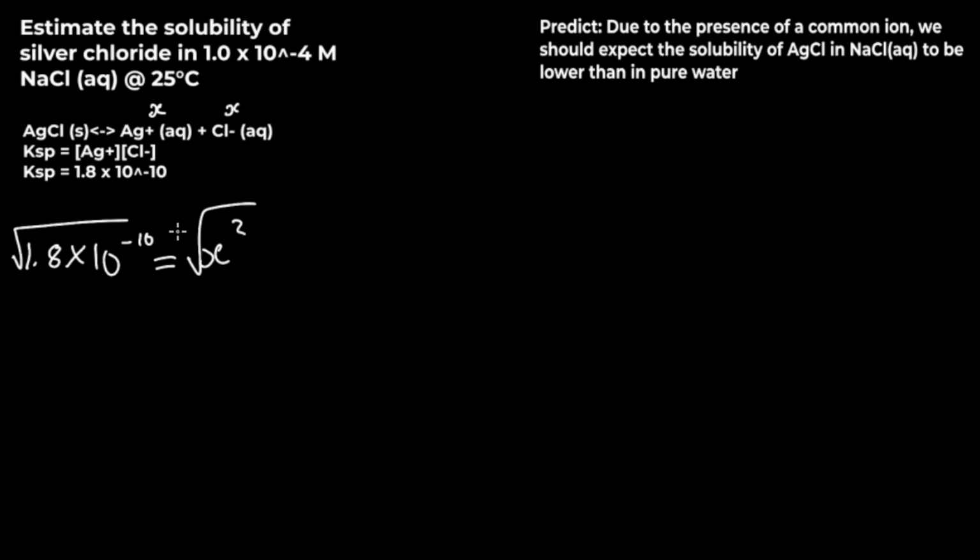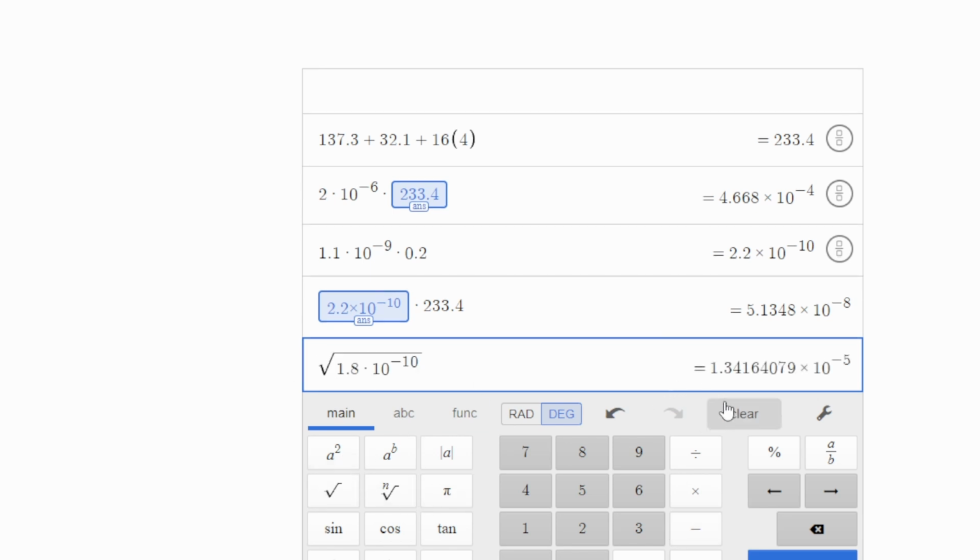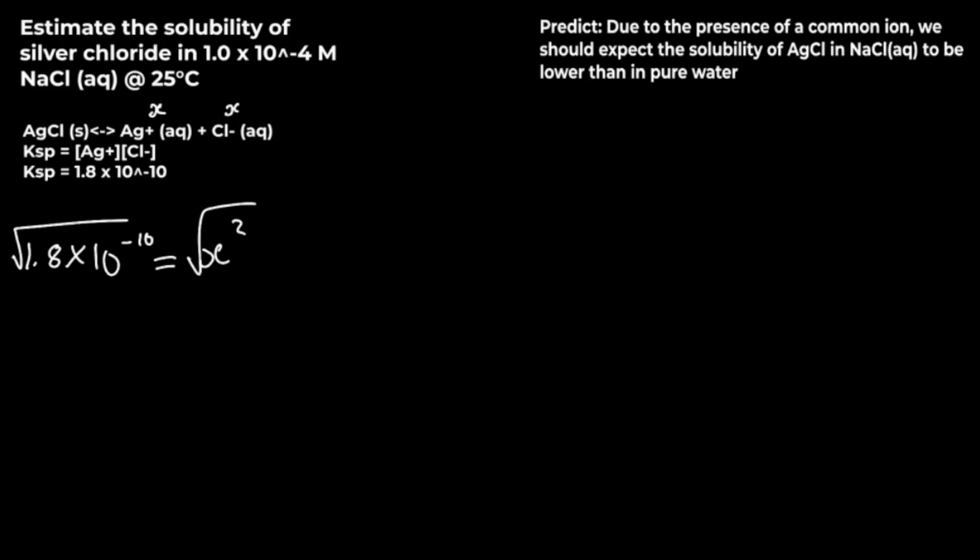So if it's just in water, we can square root both sides. 1.8 times 10 to the negative 10th, square root that, 1.3 times 10 to the negative 5. So that's the solubility of silver chloride in water.